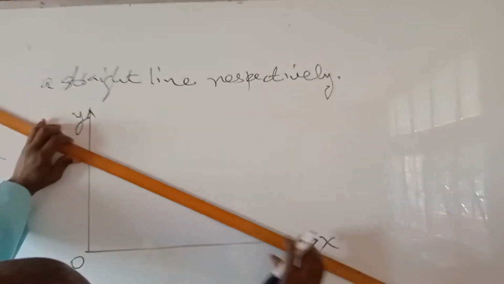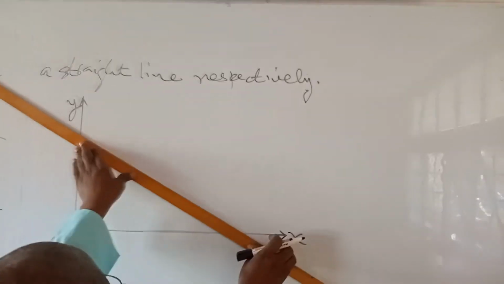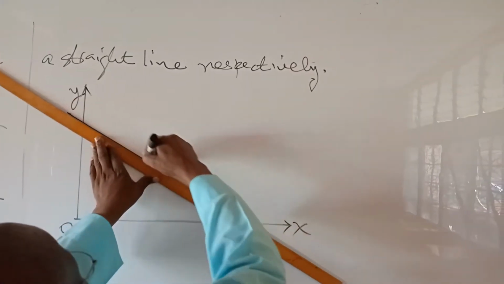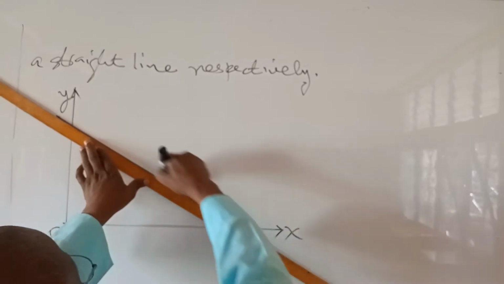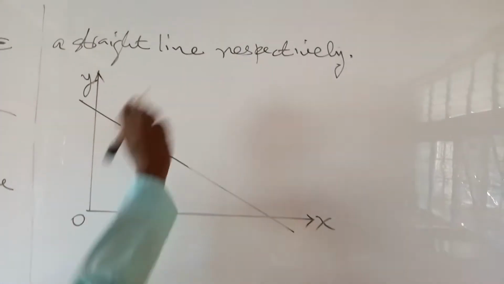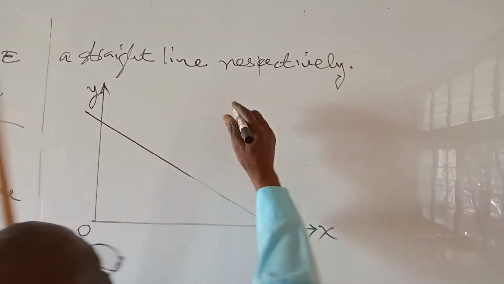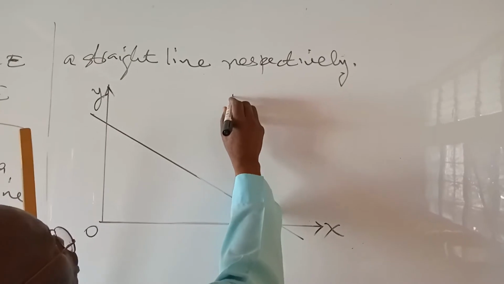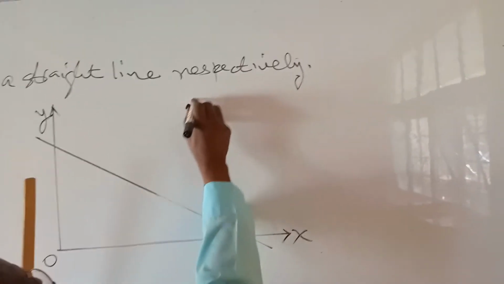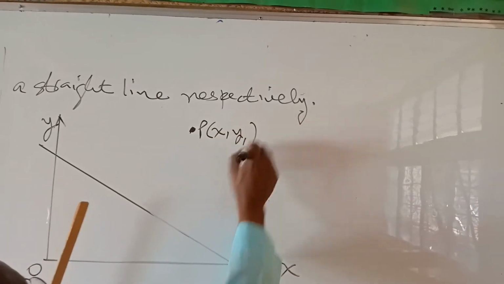Now you have a straight line making a double intercept, in the sense that the line is crossing both x and y axis. So now, if you have a point P in this Cartesian plane here, let the coordinate of this point P be x1, y1.